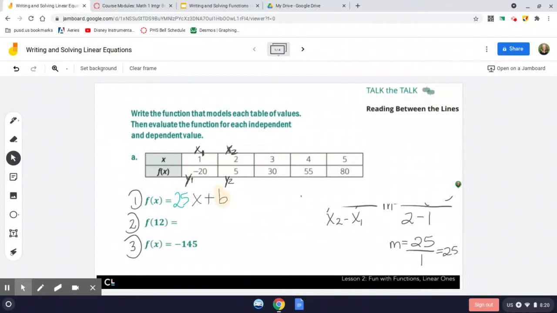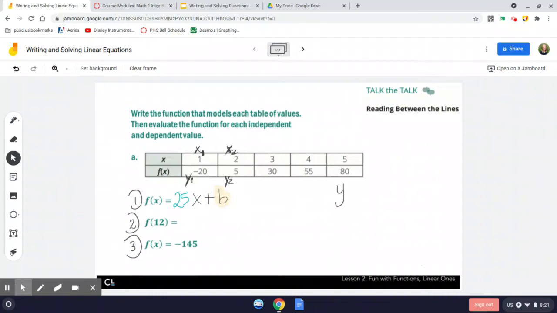Now we need to solve for our b. One way we can solve for the b, remember, is converting from an arithmetic sequence to a linear function. You can use that same philosophy, first term minus common difference, because common difference and slope are the same thing.